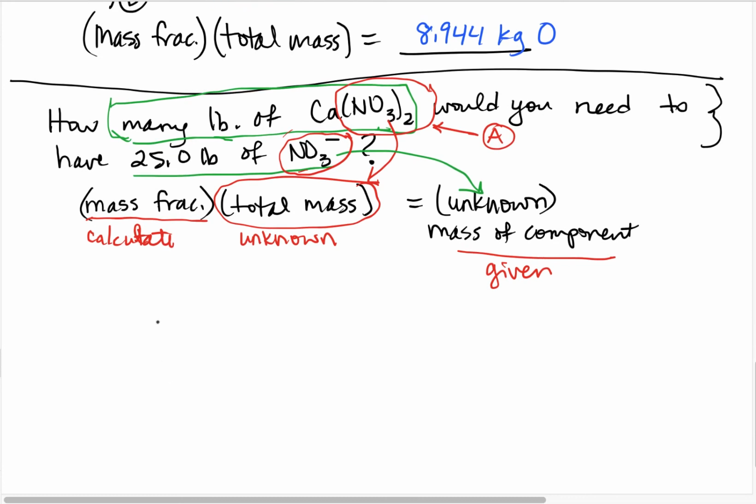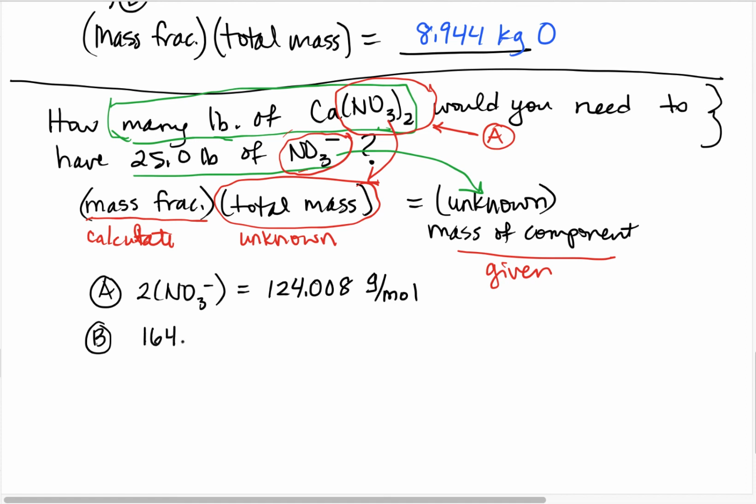All right, so for A, the mass of 2 times nitrate, I got 124.008 grams per mole. For B, the whole molecular weight for the calcium nitrate, I got 164.086 grams per mole. For my mass fraction, I got 0.755750.